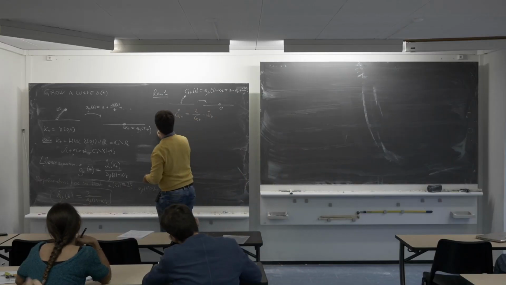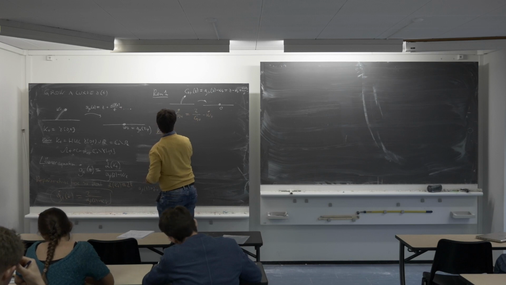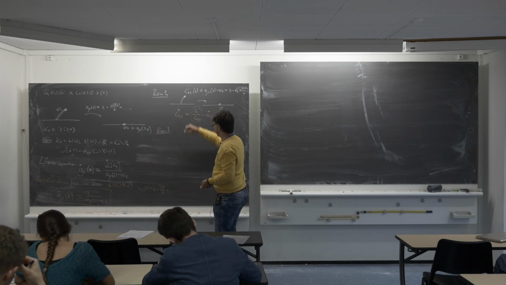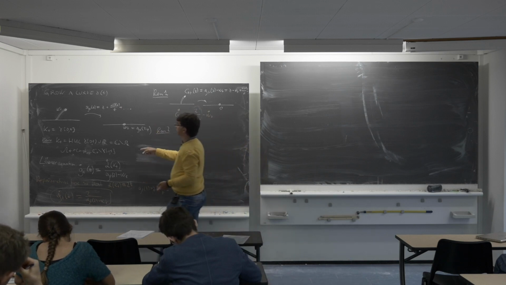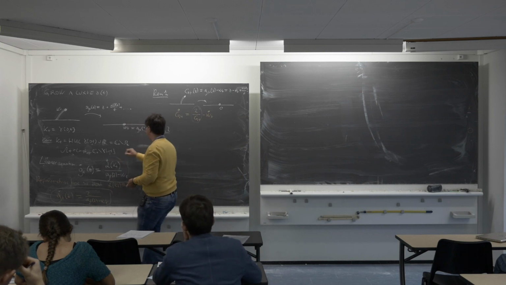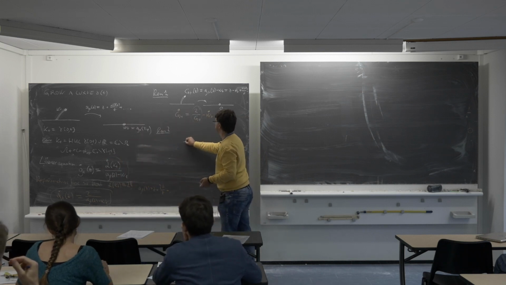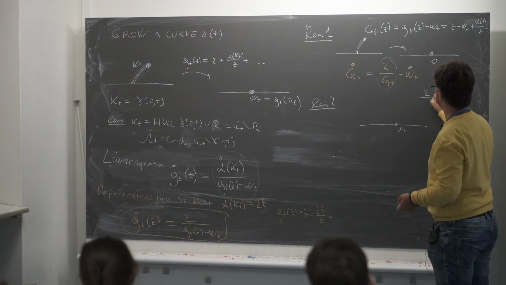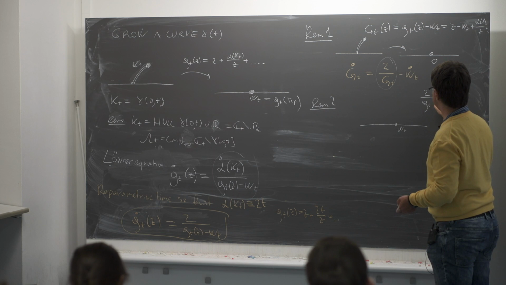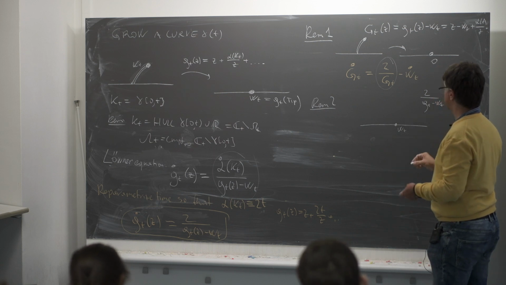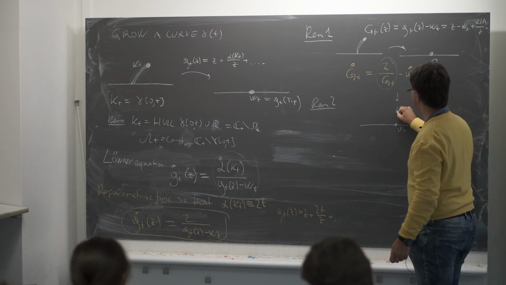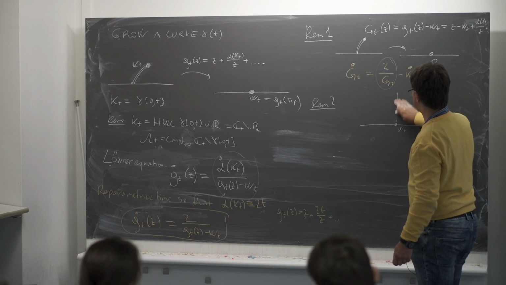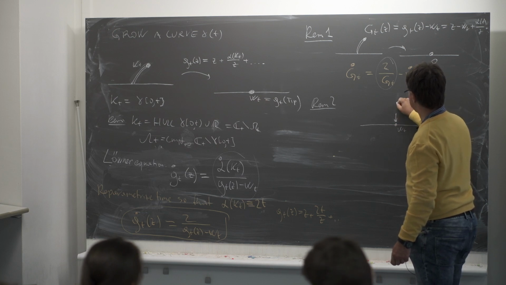Now the second remark is, what does this thing do? If I take W_t and I plot the vector field 2 over G_t minus W_t, then you have a vector field which goes like that. Well, maybe let me just draw it to scale.